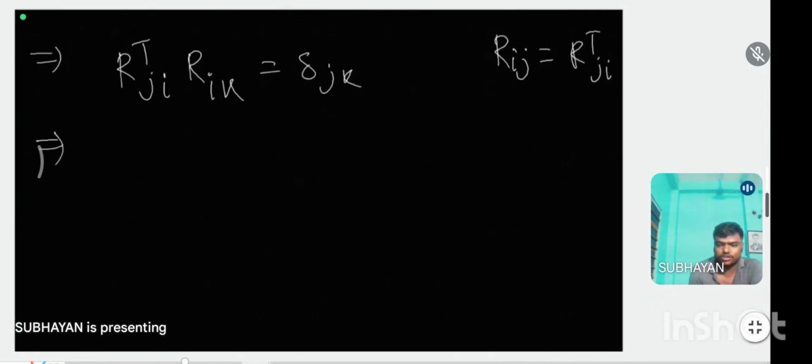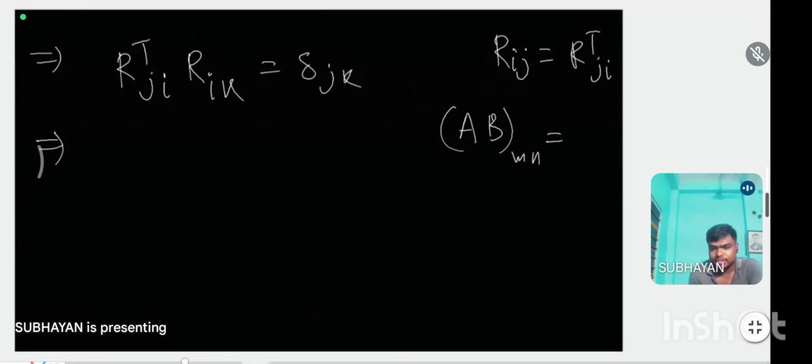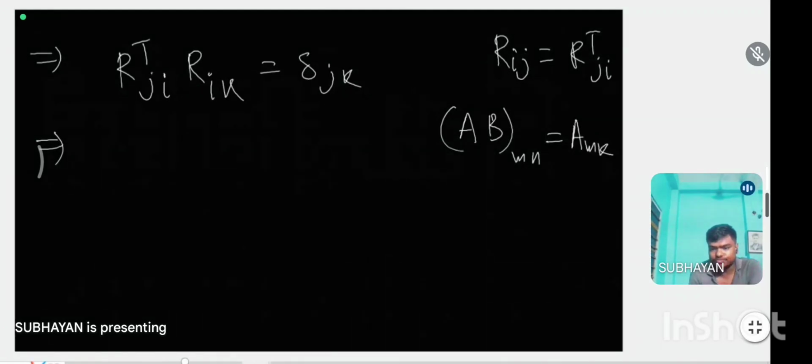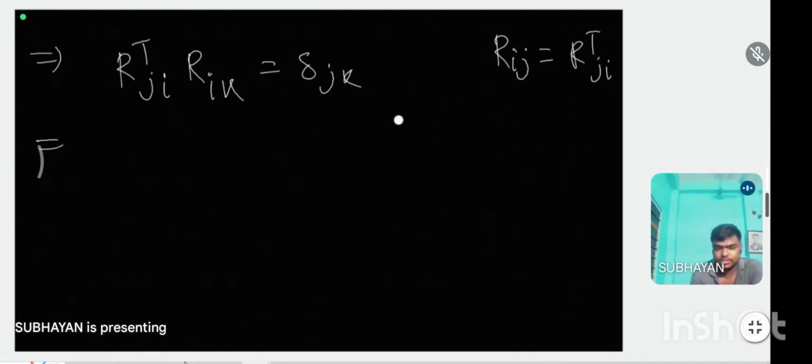And you know the matrix product rule. Suppose you are going to take the product of matrices A and B. The element of the product AB, the mn element, will be Amk Bkn.